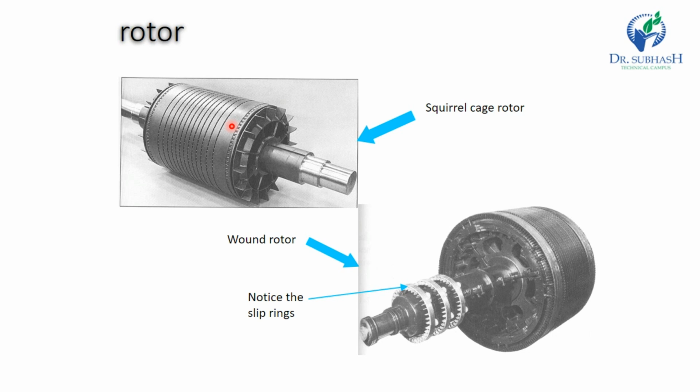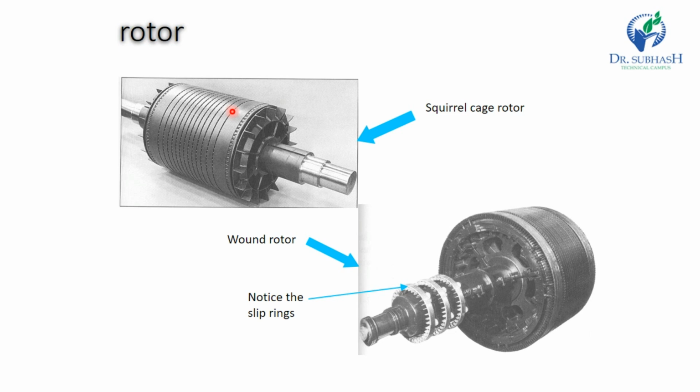Now, the squirrel cage rotor conductors are thick copper bars. Here we see they are placed in slots and are brazed or welded to an end ring. So here are a number of slots. In these slots we put the thick copper bars, and they are shorted at the end ring so that they are permanently short circuited.